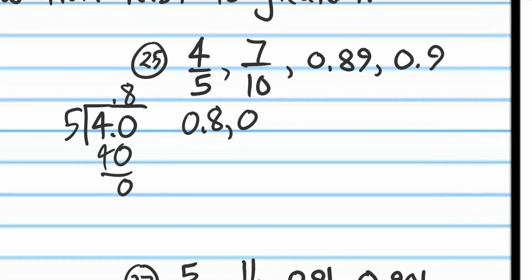I know that this is just defined as 0.7 because 7 is in the 10th place. And this is 7 over 10. So again, you can use this method every time, but if you want a shortcut, just realize that that's the definition of a decimal. All right, so now we changed all the values to decimals.